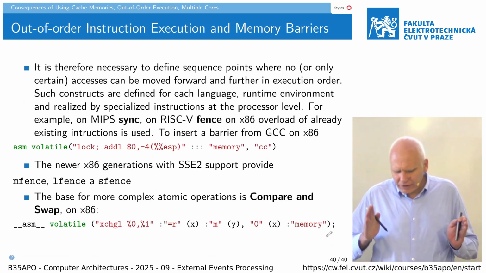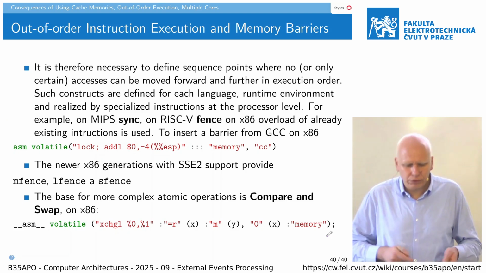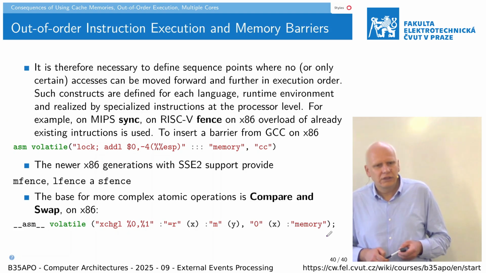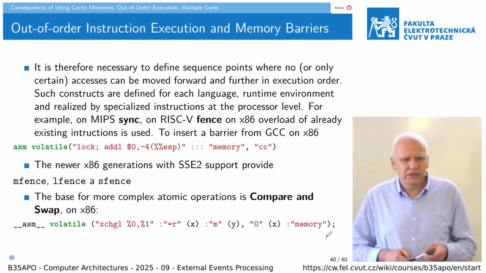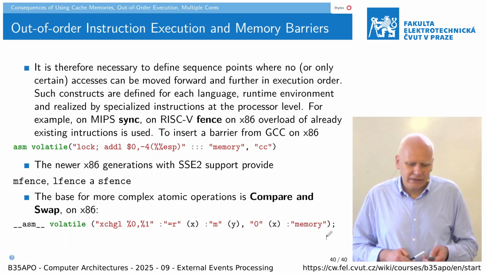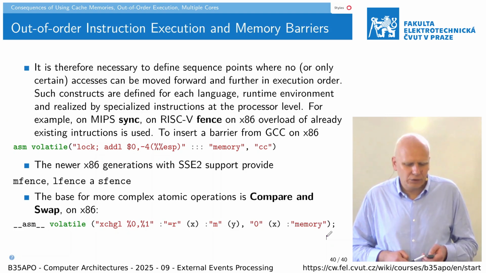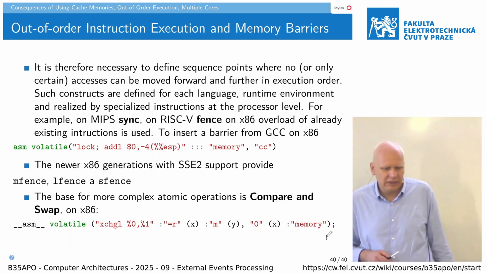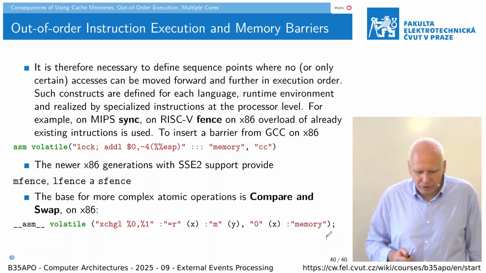It would take a whole lecture to explain how to use it correctly, but there is a mechanism at the C language level. Maybe I will return to that. C11 has those mechanisms defined. Previous versions do not have them defined in a well-defined and portable way.